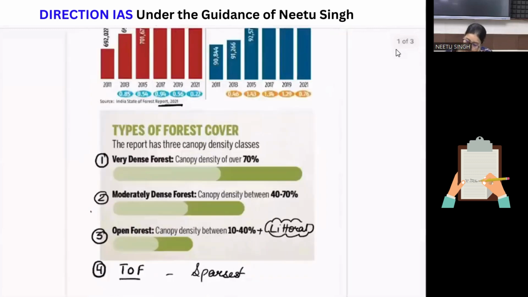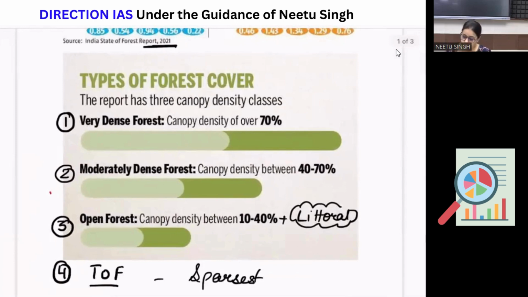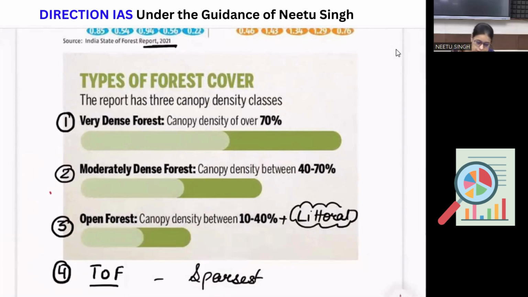यहाँ से शुरू करते हैं. When I take reference of Indian State of Forest Report, you can easily apply it with the category. So Forest Survey of India, FSI, needless to say, functioning under the nodal ministry, Ministry of Environment, Forest, Climate Change, has been presenting the biennial report. अच्छा, ये भी एक important thing है, इसको याद कर लेना.